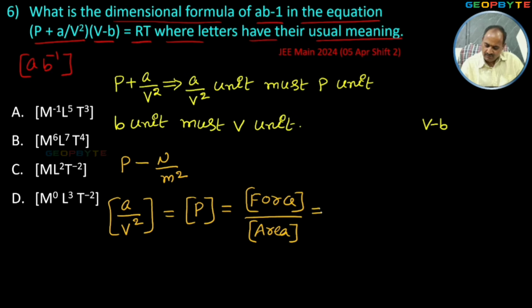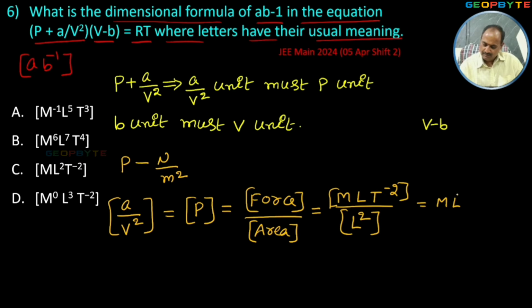Here force dimensional formula is M L T power minus 2 divided by area L power 2. Simplify this part. It is M L power minus 1 T power minus 2. This is the dimensional formula for a by v square.